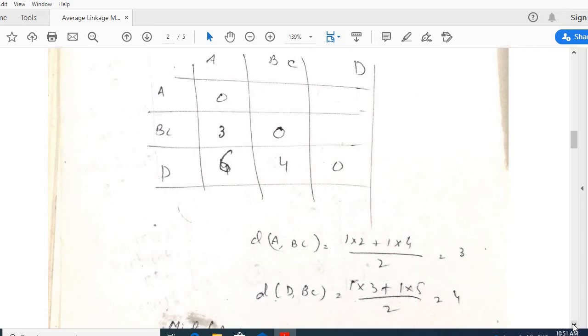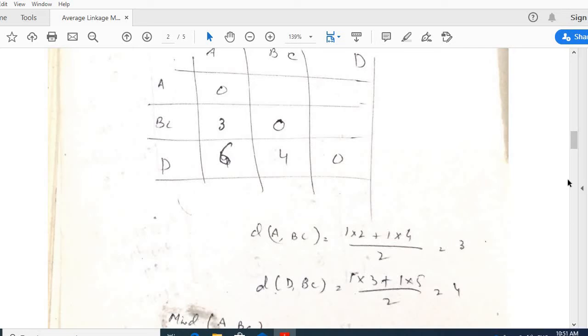Similarly, D with BC, 1 into 3 plus 1 into 5 divided by 2, it has become 4. Now in the new matrix, the distance between A and BC is equal to 3, and the distance between D and BC is equal to 4, where the distance between A and D will remain the same.